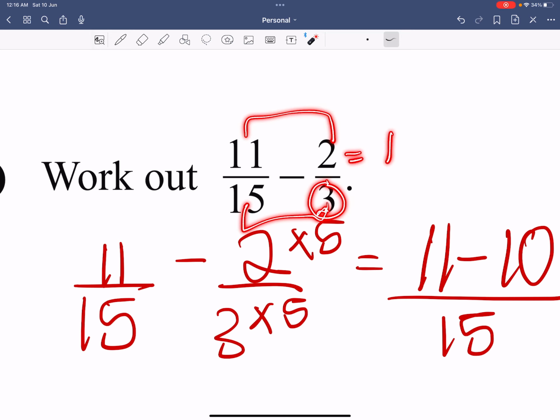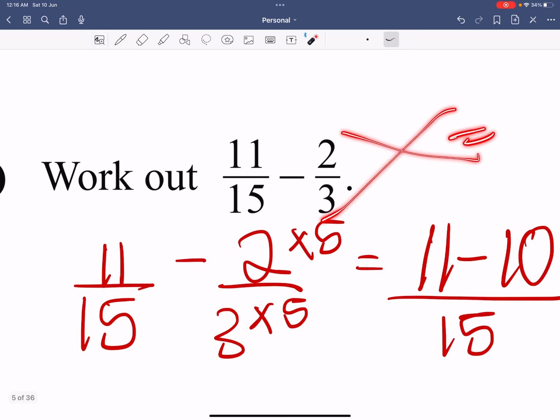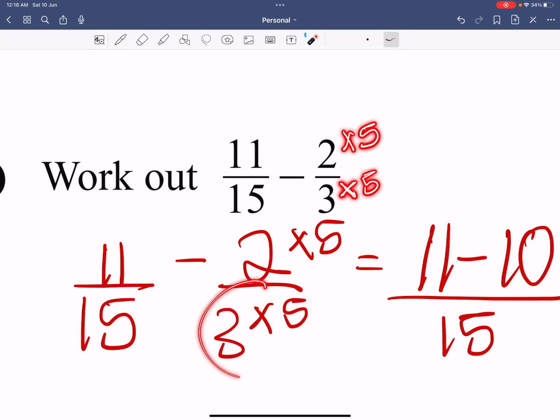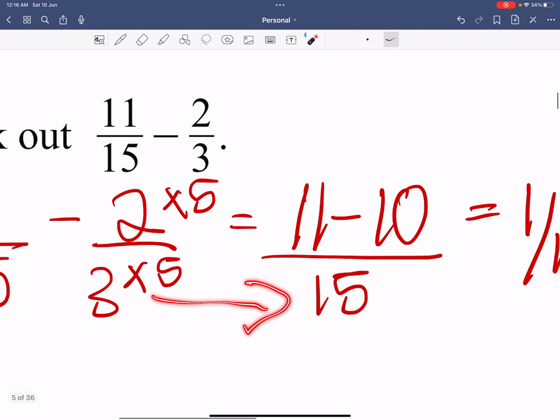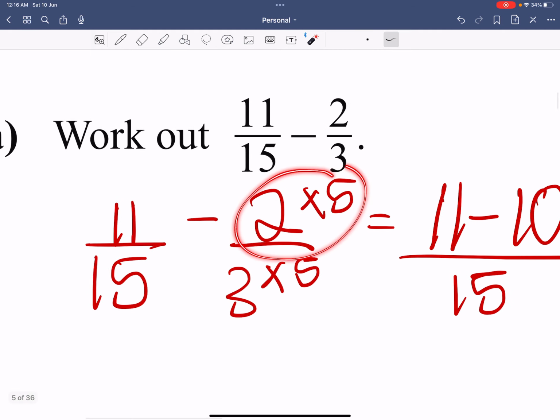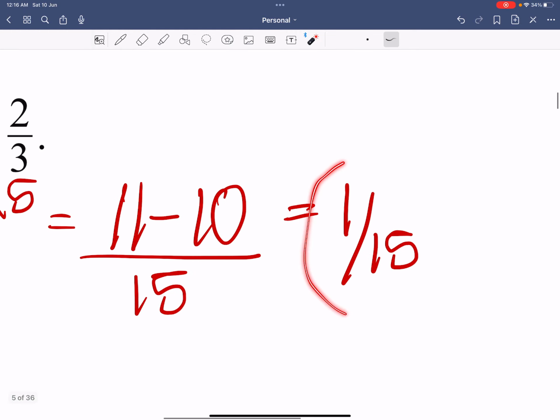You can't just go 11 minus 2 upon this. No, that is wrong. What you need to do is make the denominator the same, and we can make the denominator the same by multiplying this by 5 and this by 5. So this will result in 15, which will be our common denominator. We'll write it as it is, and then 11 minus 10, which will be 1, and your answer will be 1 upon 15.